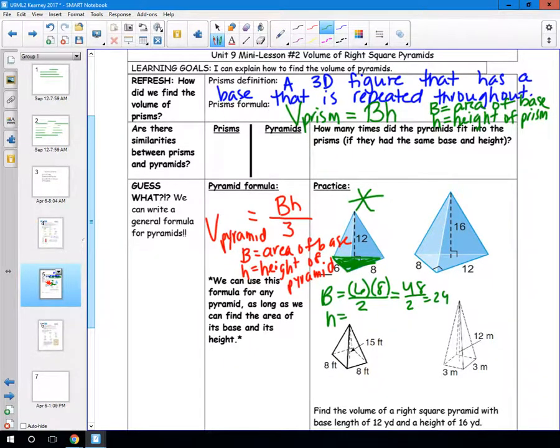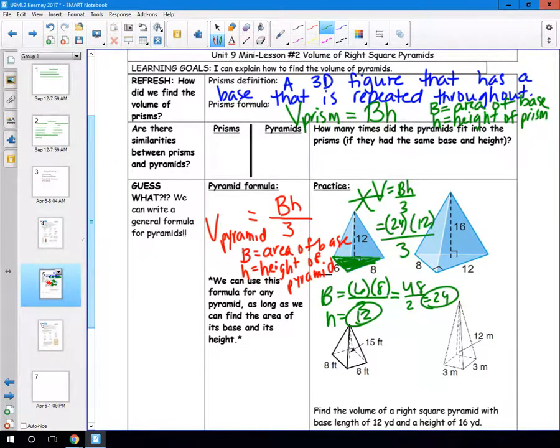Okay? My height, so check the height of the whole pyramid. How tall is that pyramid? You see it's 12. So now if I put these together, my formula is big B times H divided by 3. So if I plug that in, my big B was 24. So I'm going to do 24 times my height was 12. And then I'm going to divide by 3.